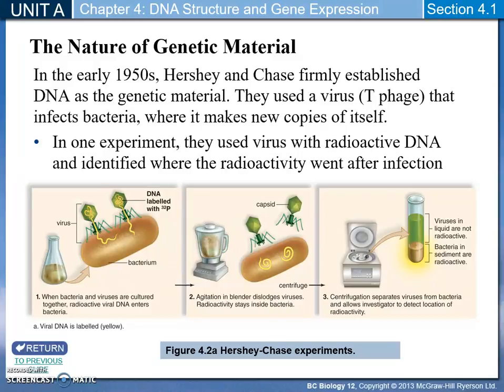In one experiment, they used a virus with radioactive DNA and identified where the radioactivity went after infection. So here you've got the bacterium that is being infected by the labeled DNA, and the labeled DNA would be the DNA that was radioactive.